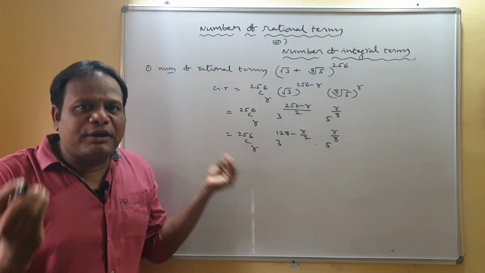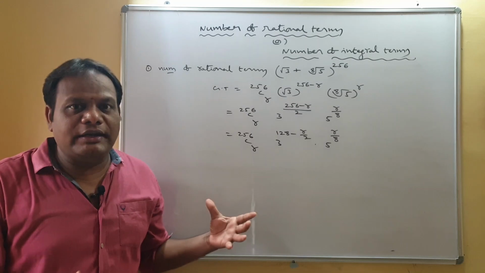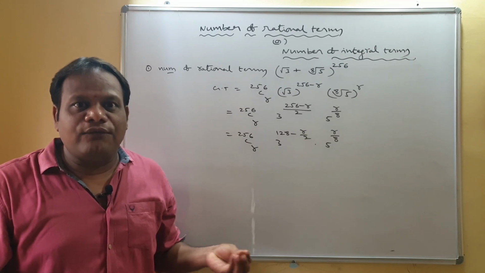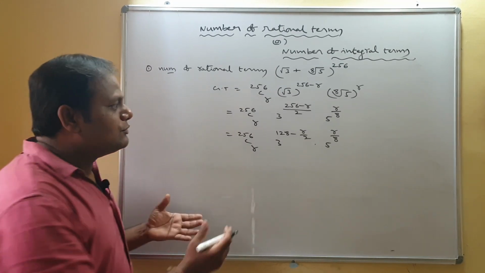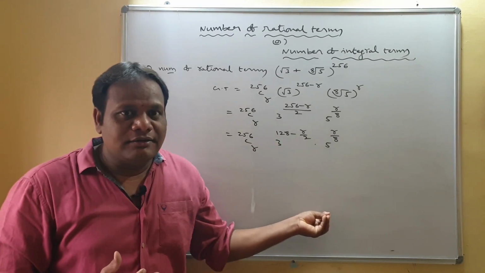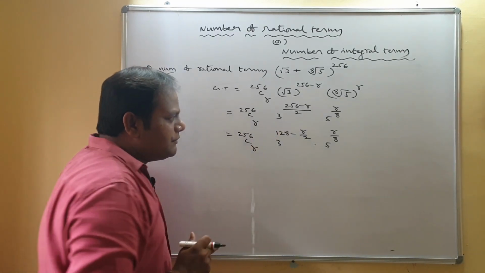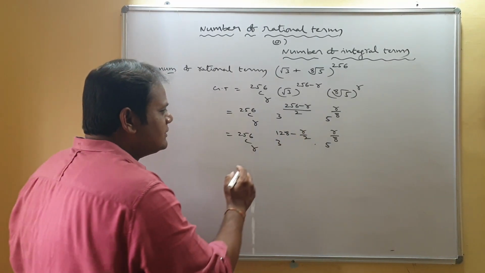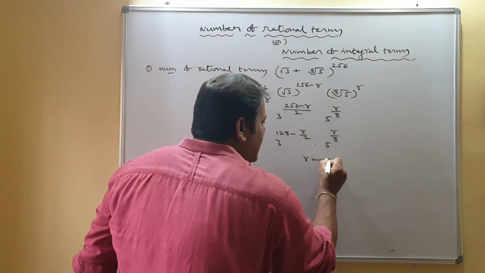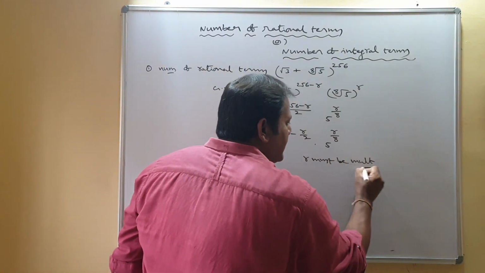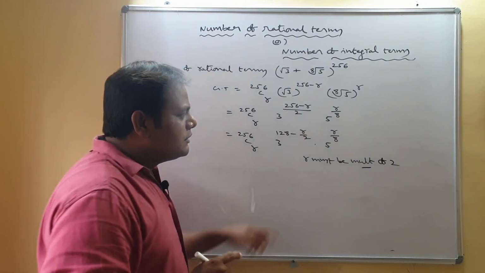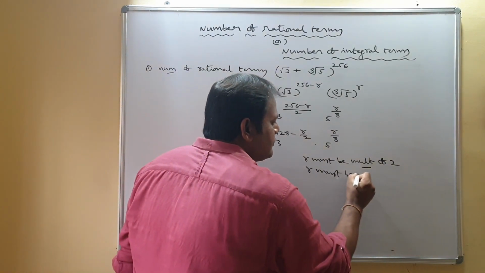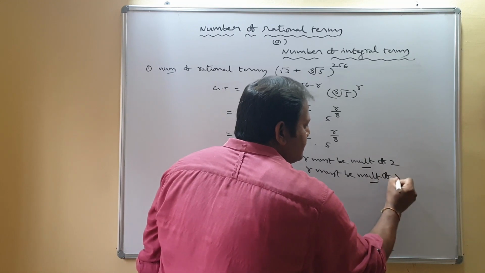To get the number of rational terms, you have to find R values so that the terms are free from radicals. The terms should be free from radicals, which means R must be a multiple of 2, since here we have R by 2. Coming to this, here we have R by 8, so R must be a multiple of 8.